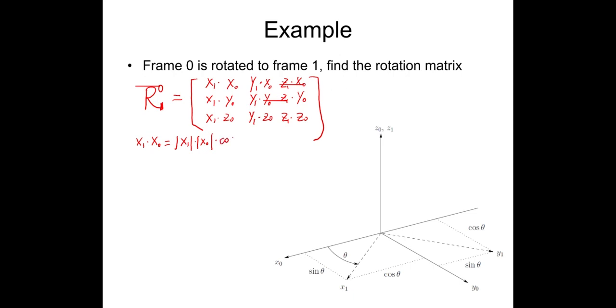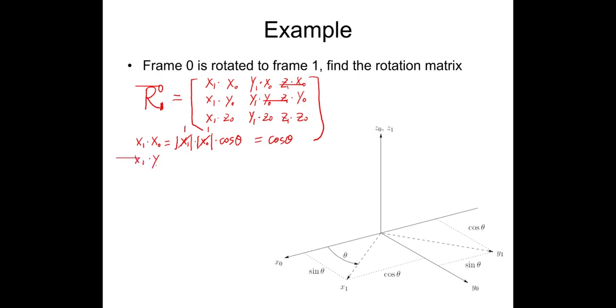So in this case, let's find the angle between the unit vector x1 and unit vector x0. Here I have my x1, and here I have my x0, and the angle in between is theta, so that is cosine theta. These are unit vectors, so this is 1 and 1, so this is cosine theta.